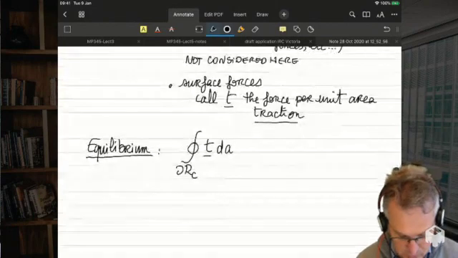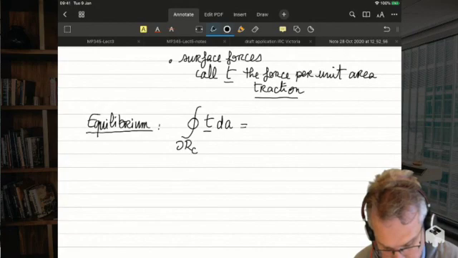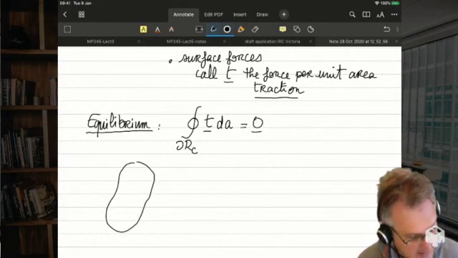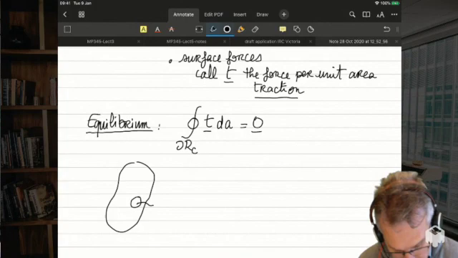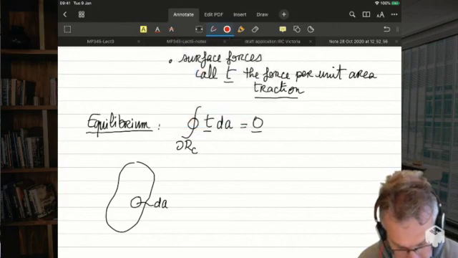So just to show you what it looks like. If I have a body like this, and then I have a little area dA, and then on that surface, there's maybe some tension that's applied.